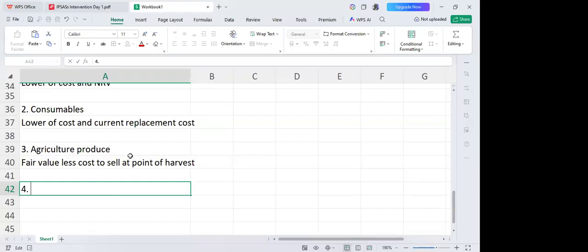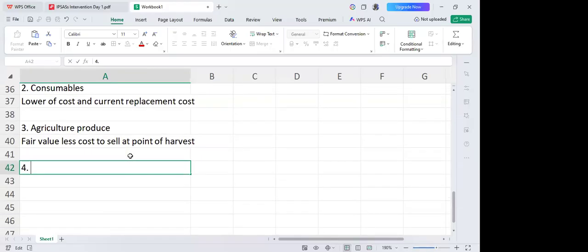Oh, Mayeko, have you forgotten? Biological assets? No. That one is a different standard. We get there.